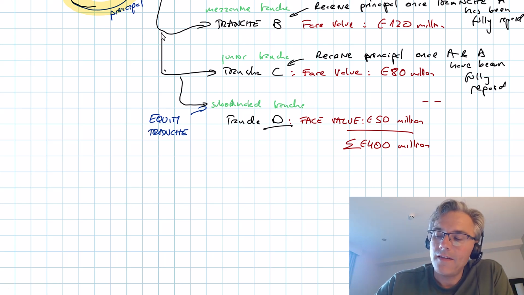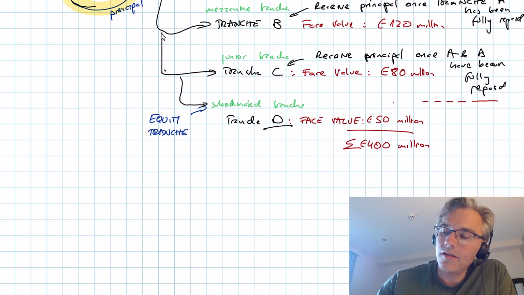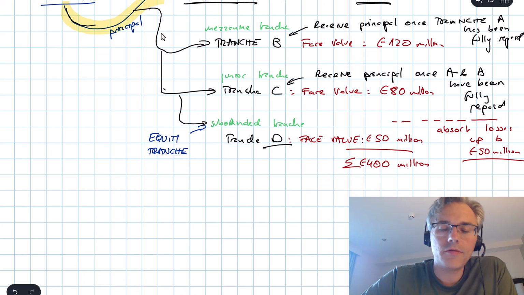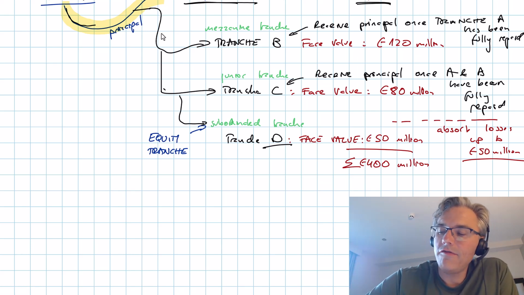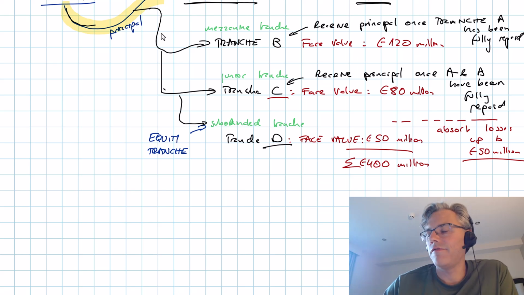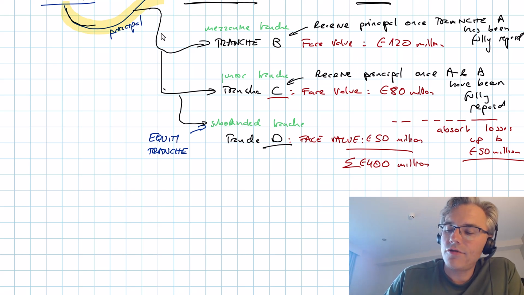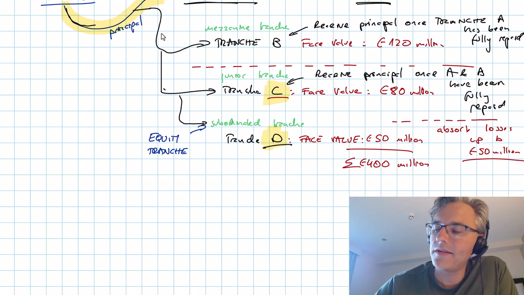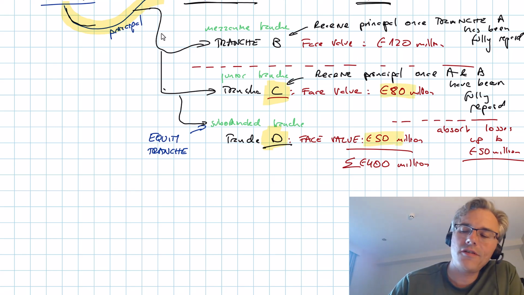However, their loss absorption capacity, so D only absorbs losses up to 50 million. If it turns out that there is a principal shortfall, a capital repayment shortfall, beyond 50 million, it means C will not get everything. And obviously these two tranches combined, C and D, have a total loss absorption capacity of 50 plus 80, that's 130.